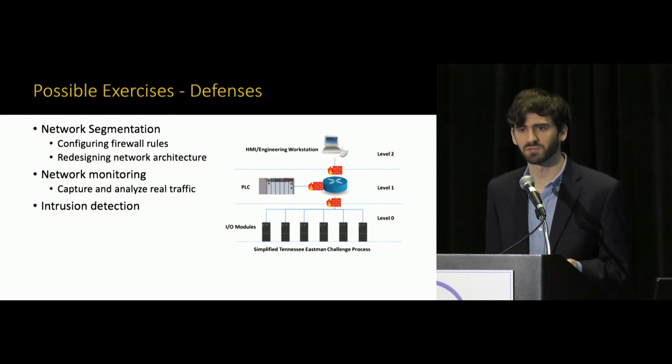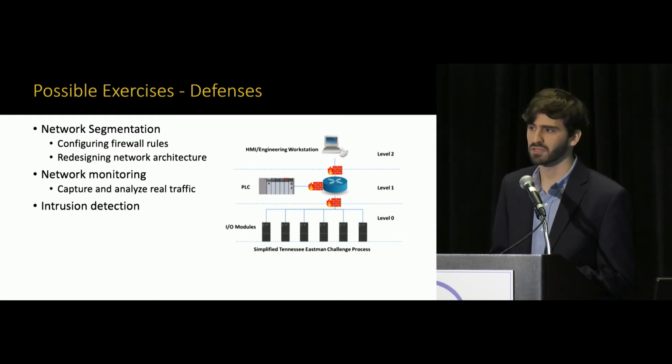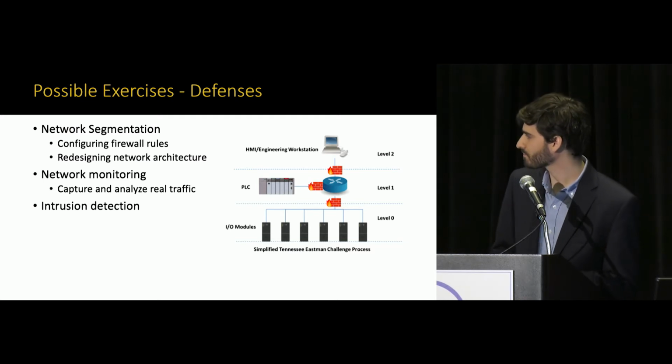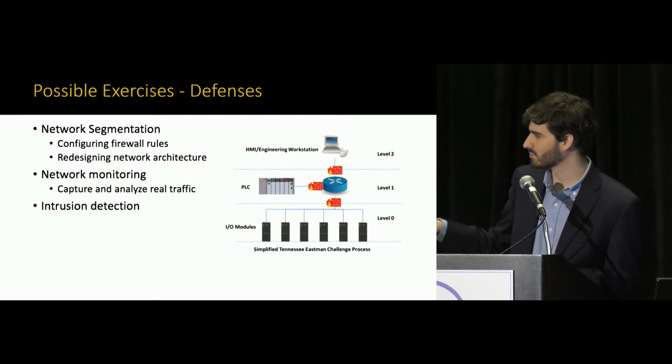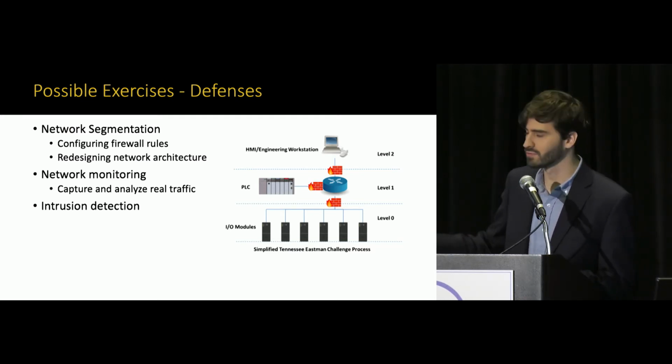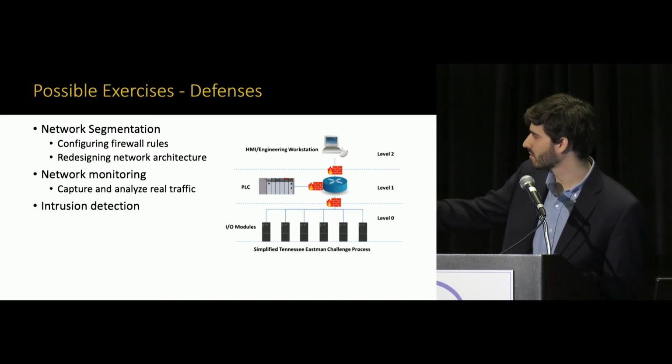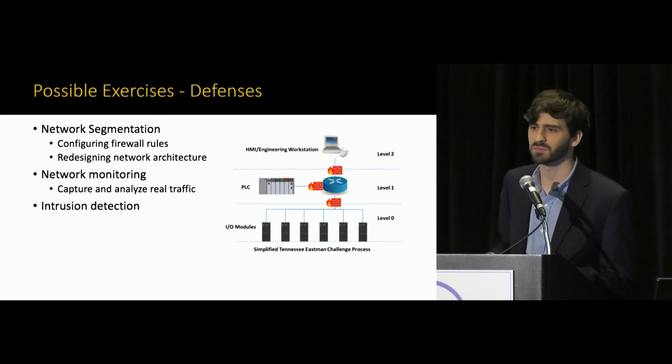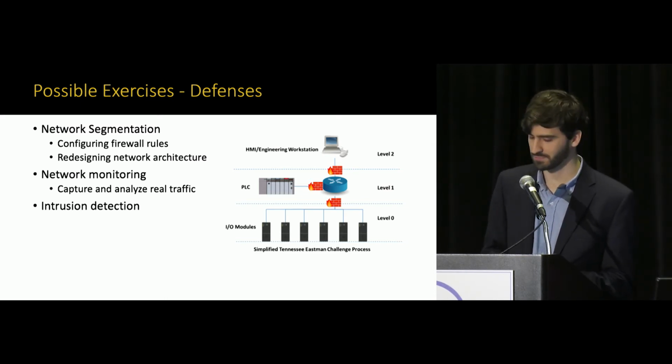Snort, for example, is an open source free intrusion detection system you can practice with. And you can set it up as the Purdue reference model, so breaking up into level 0 down with the remote I/O modules, the PLC at level 1, and the HMI engineering station at level 2.